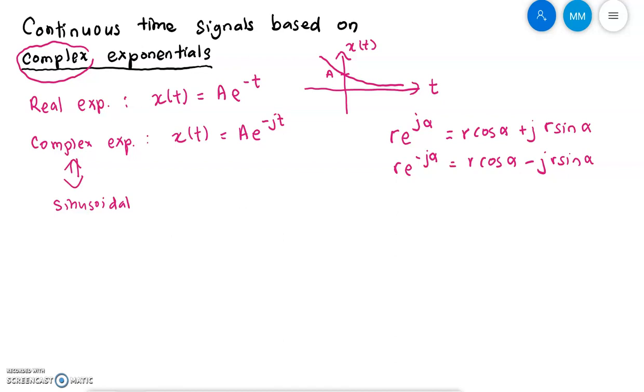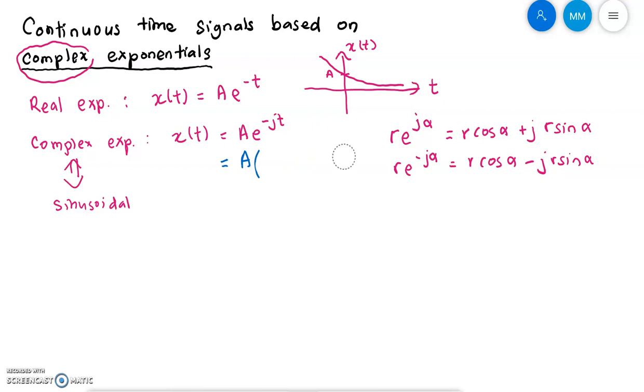So based on this, if I rewrite this function using the Euler formula, I can write it as a, put parentheses, cos t minus j sin t.